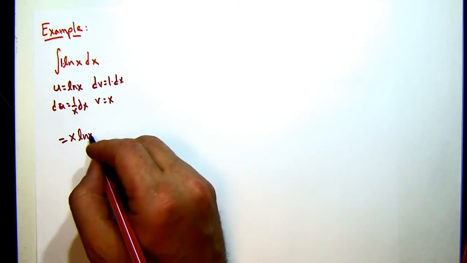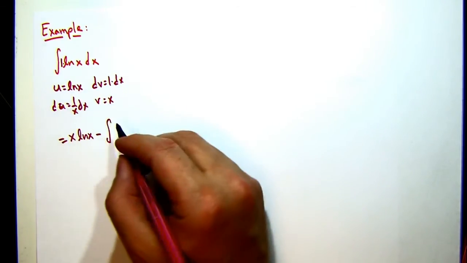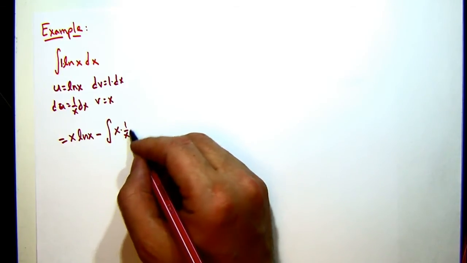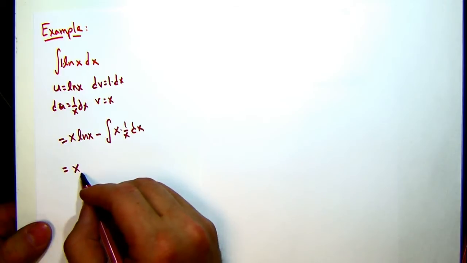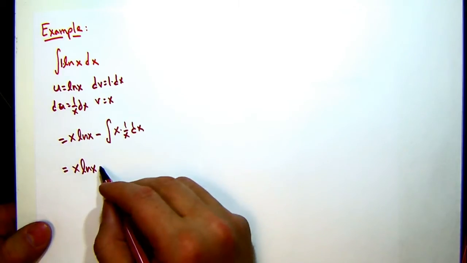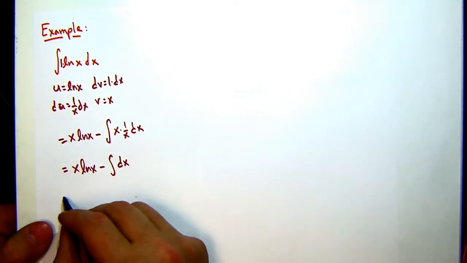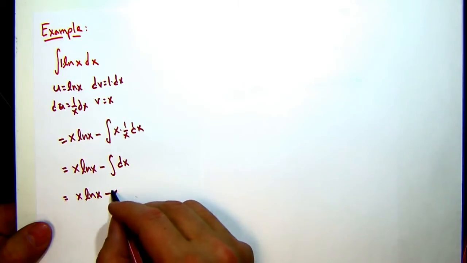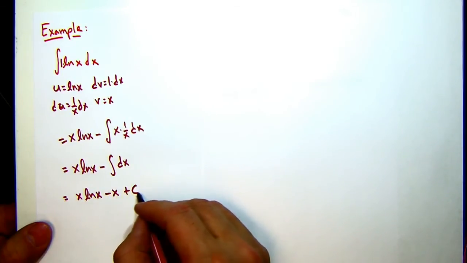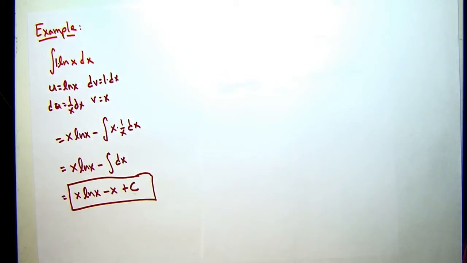We'll get u times v, x log x, minus the integral v du, x times 1 over x dx. Or, cleaning this up, x log x minus the integral of simply 1. That's one of our favorites. x log x minus x plus c.